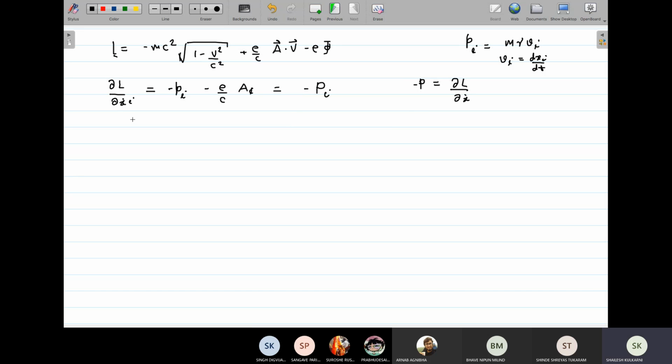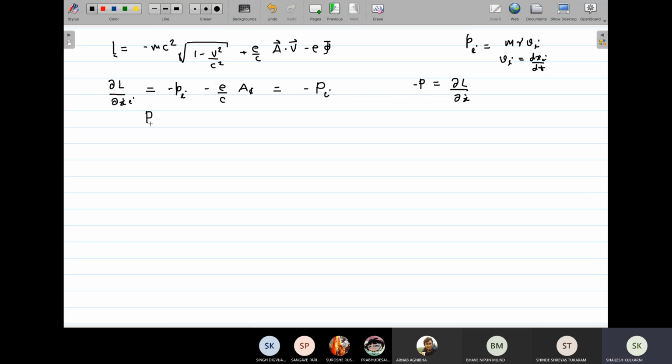So my canonical momenta P is in lower indices, and I can write it in upper indices. Let me rewrite this.